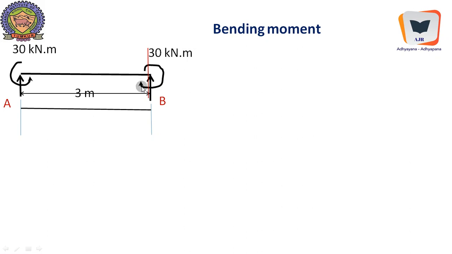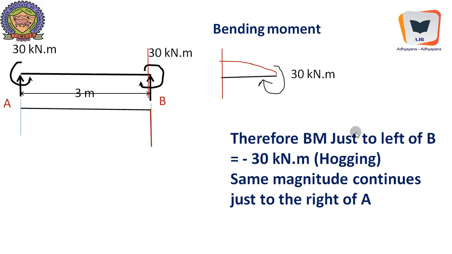Since this is a clockwise moment, it will make the beam hog. Therefore, the clockwise moment just to the left of this section happens to be hogging in nature. Therefore, it is minus, because it will lift the beam up. So the bending moment just to the left of B is minus 30 kilonewton meter, which is hogging, and the same magnitude continues till here.